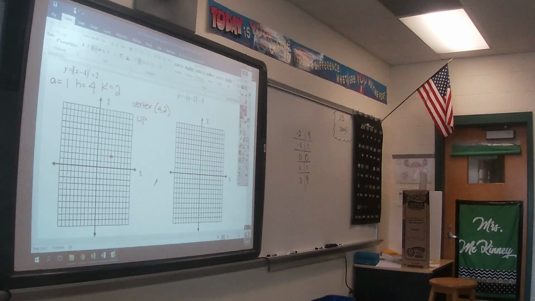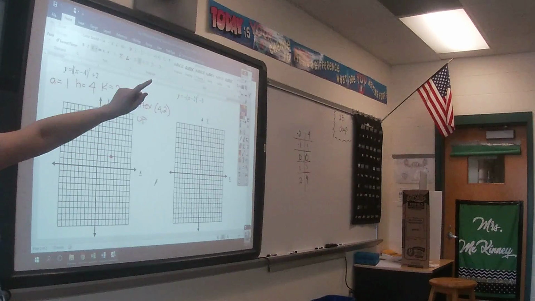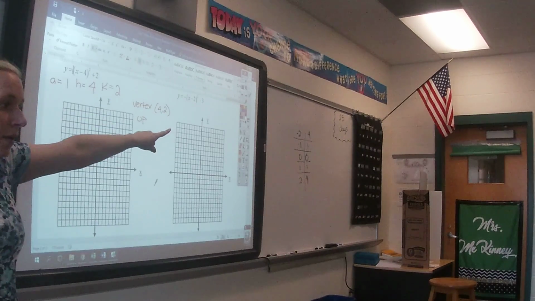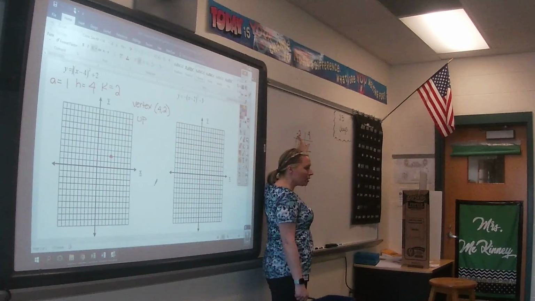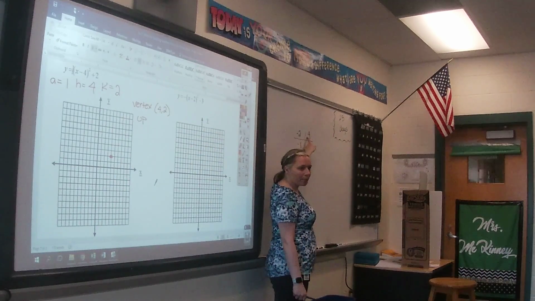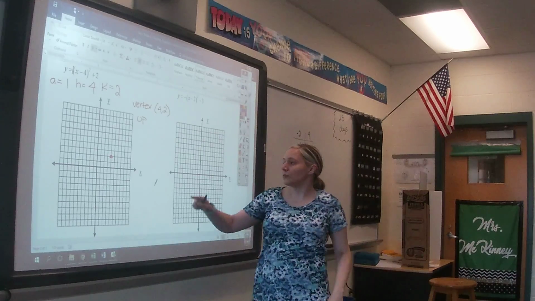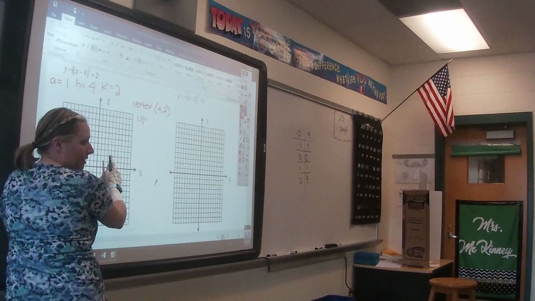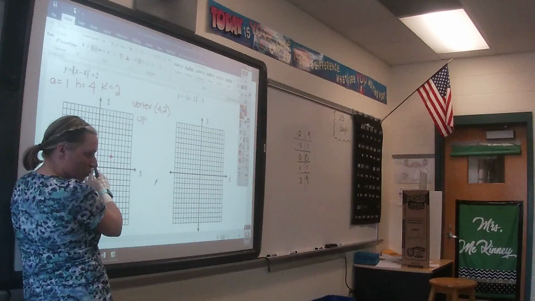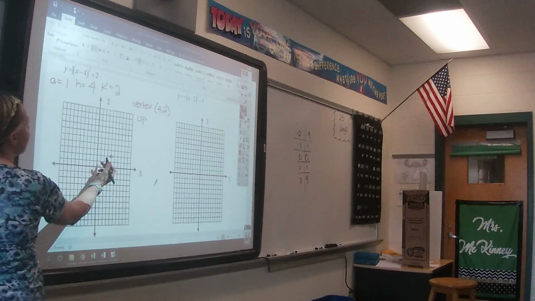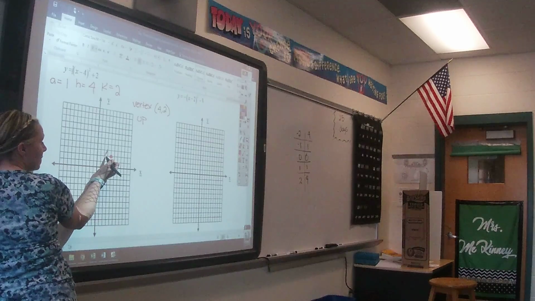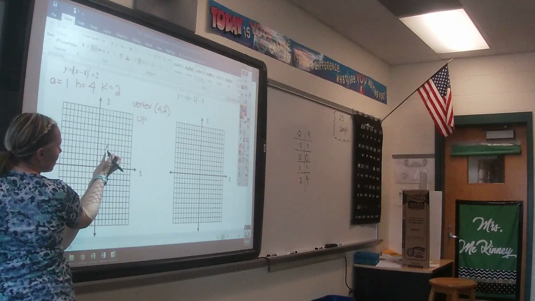To get the other points on our parabola, we are going to go back to the original parabola rule. That said, if we move left 2, how many should we go up? 4. So from our vertex now, not from the origin anymore because we have a new parabola. From our vertex, we are going to move left 2, up.